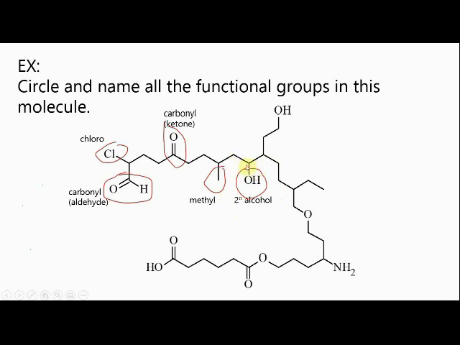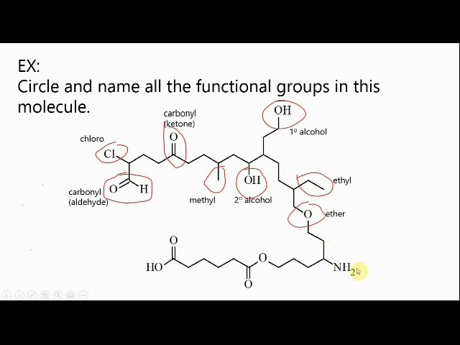In this case, because this carbon that the hydroxyl is attached to has two other carbons, it becomes a secondary alcohol. This one over here, it's on the end of this little branch, and so it's a primary alcohol. This branch here is an ethyl group. This oxygen is in the middle of this chain, so that's an ether.